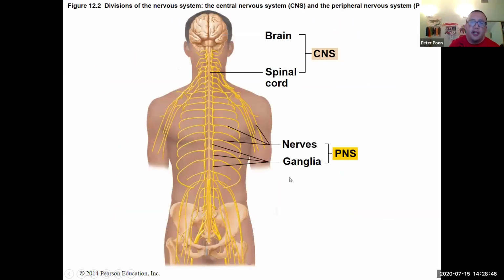So here you can see the ganglia and the nerves, and then the CNS is just there.